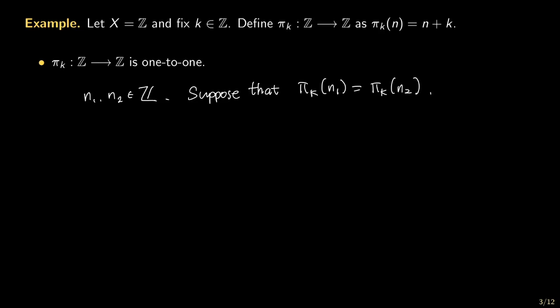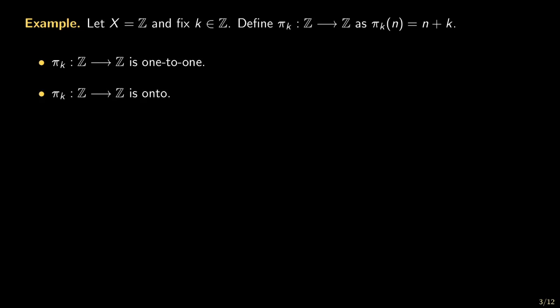We need to prove that n1 is n2. By definition, pi k of n1 is n1 plus k, and pi k of n2 is n2 plus k. Because these are integers, after all, we could cancel k and conclude that n1 is n2. Therefore, pi k is one-to-one.